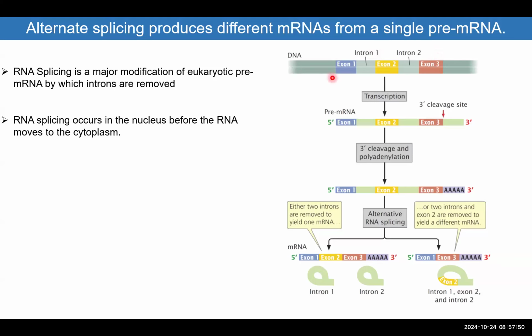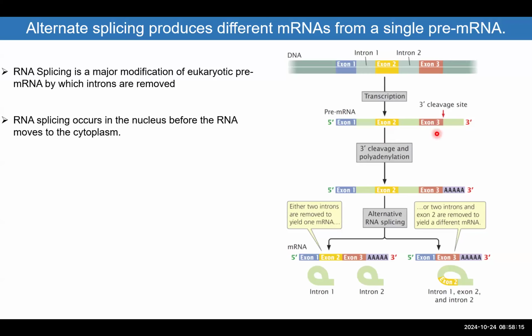When you transcribe this gene into the pre-messenger RNA, you generate a 5' end that will be capped. You will generate all the sequence, including the introns and the exons: exon 1, intron 1, exon 2, and all the way to exon 3.